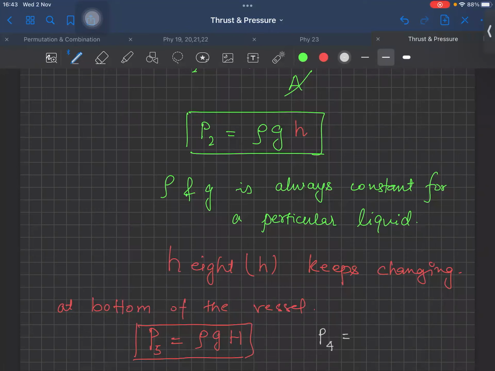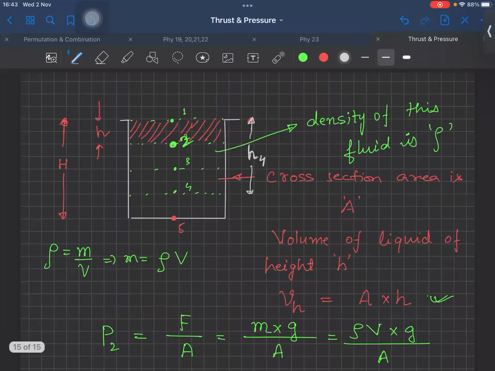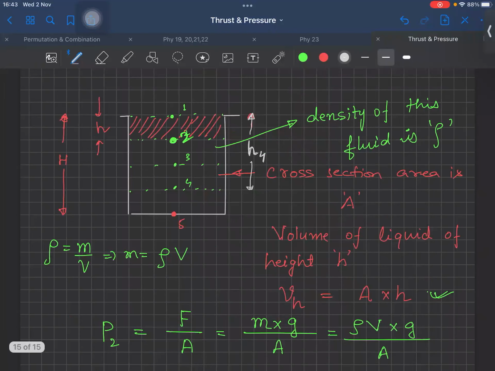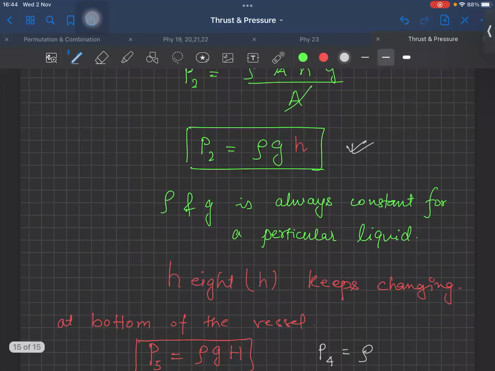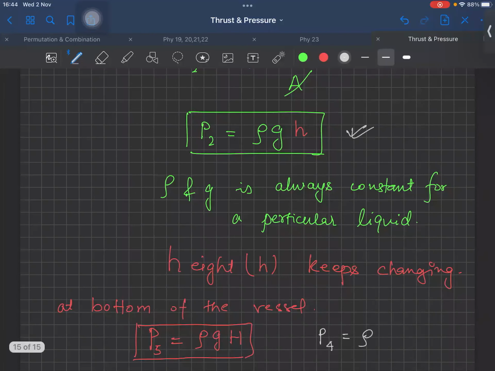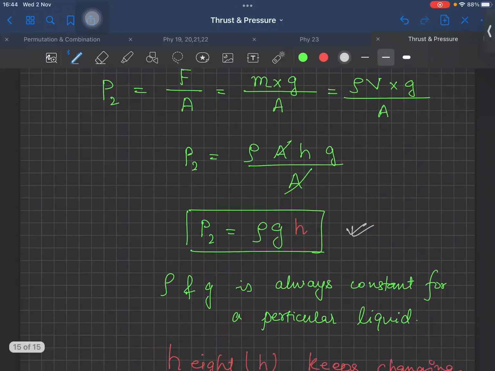Roshan, how much will it be? See, just see this equation: rho G H, whatever the height. Are you listening to what I'm teaching right now? Yes, sir. So what is H? H is the height. Height of what?